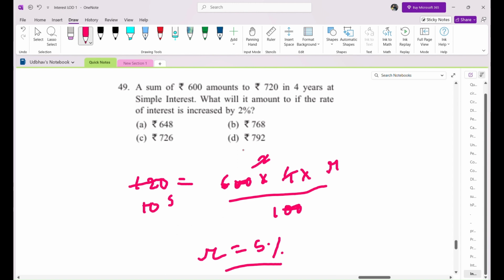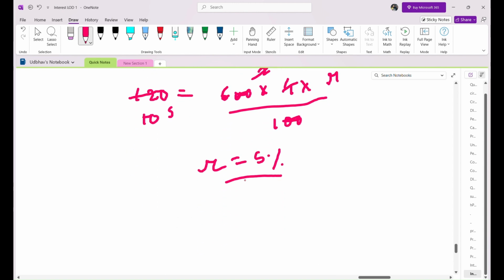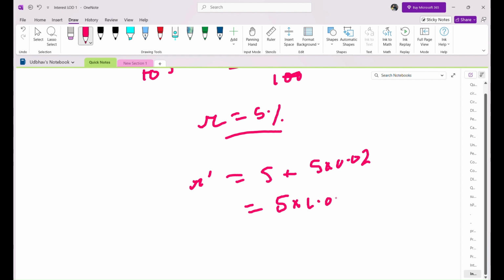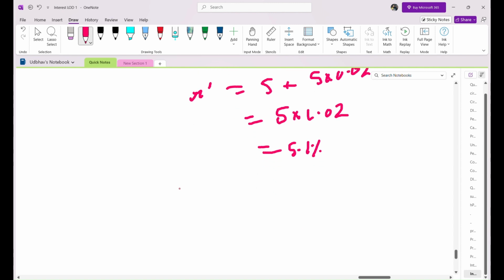Now what will it amount to if the rate is increased by 2%? The rate was 5%, so the new rate is 5 plus 5 into 0.02, that is 5 into 1.02, which is 5.1%.